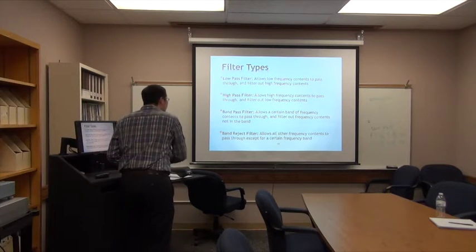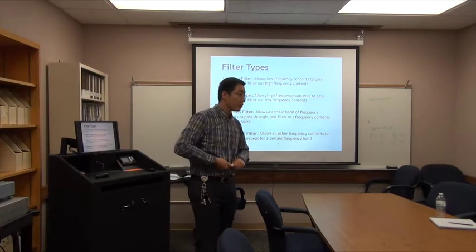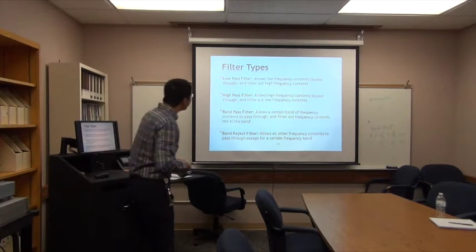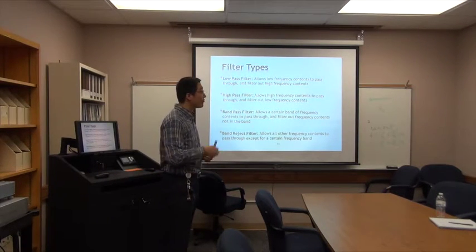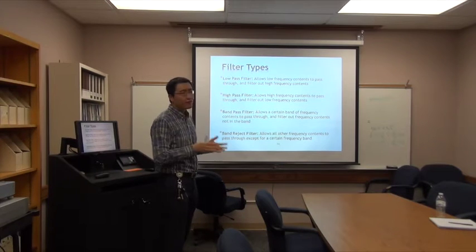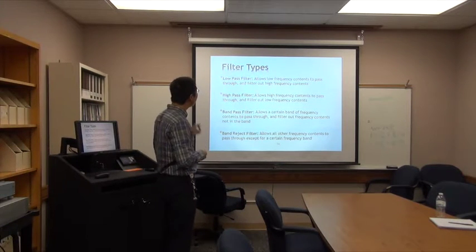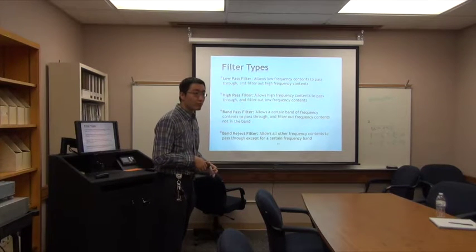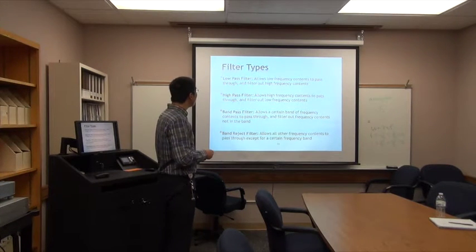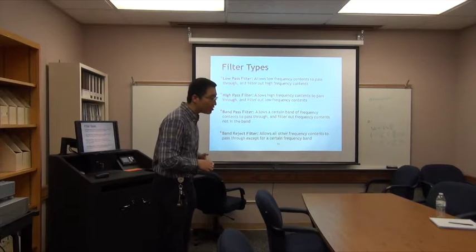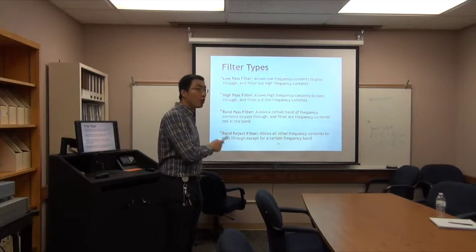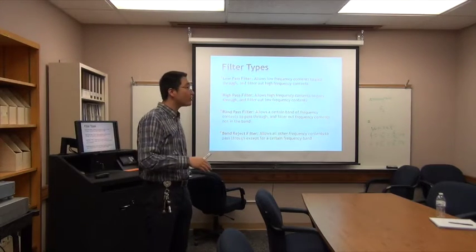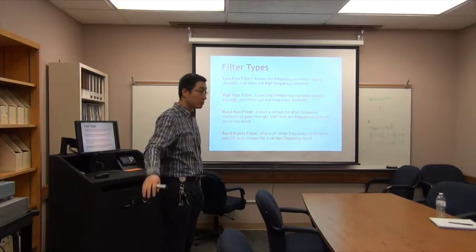Okay, now we want to talk about digital filters. First, filter types. What kind of filters do we have? We have low pass, high pass, band pass, and band reject. Based on the names, with a low pass filter, lower frequencies pass through the filter and higher frequencies are filtered out.